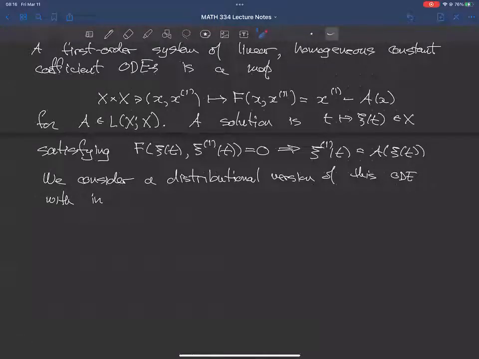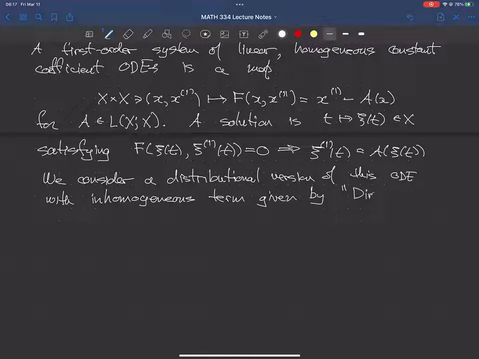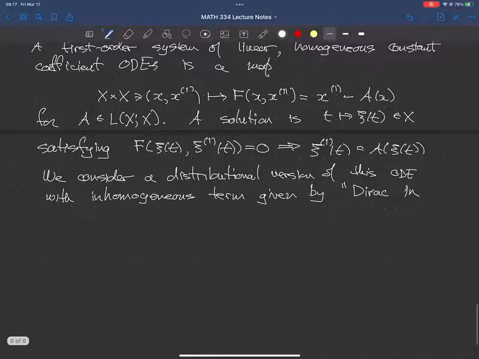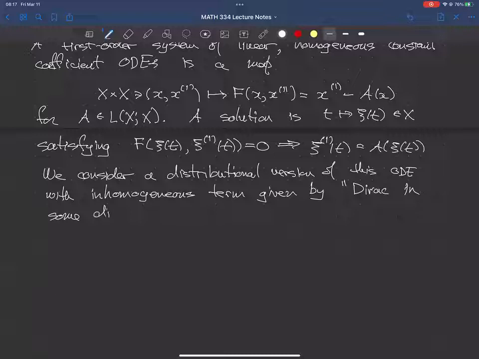So we consider a distributional version of this ODE with inhomogeneous term given by, and I'm going to sort of say this loosely before I define it precisely, Dirac in some direction in X. Okay, because again, I have my equation takes place in a vector space, it's not a scalar.